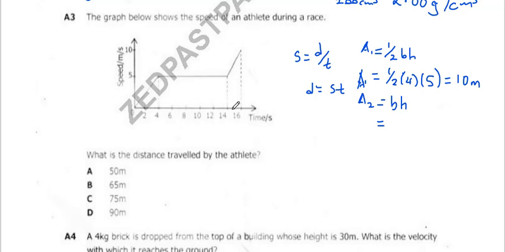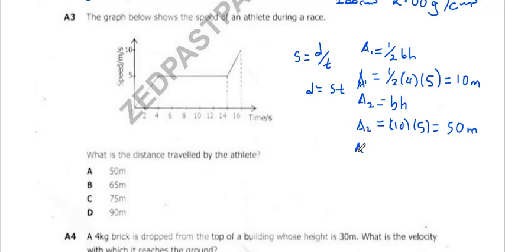The distance from here to there is 10. So we have 10 multiplied by, what is our height? From there to there, it goes up to 5. So 10 multiplied by 5 gives us 50. So we have 50 meters as our area 2.